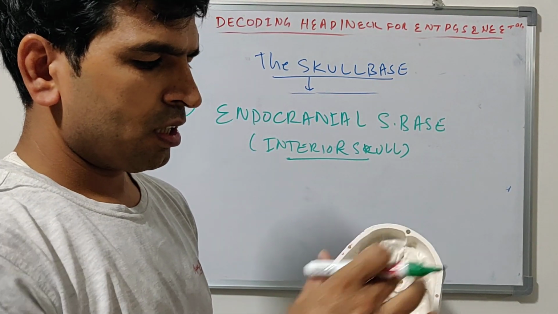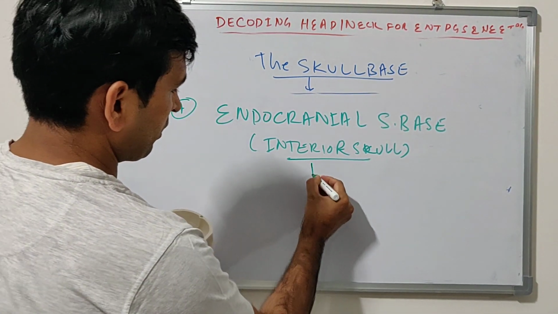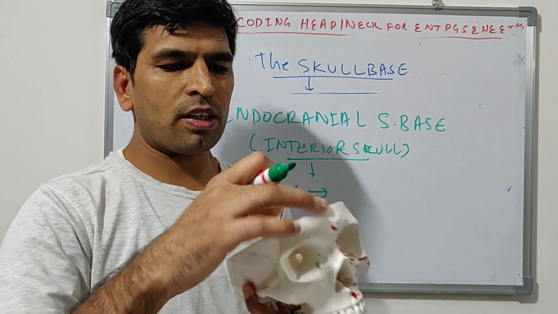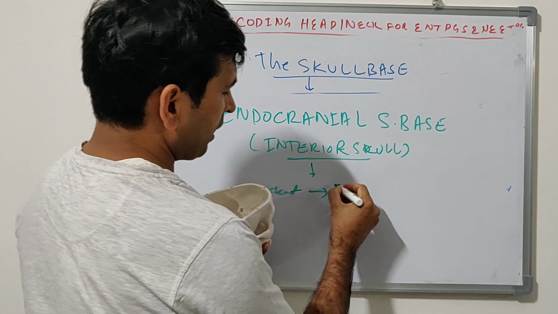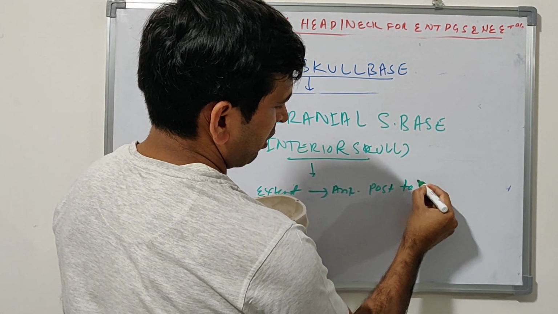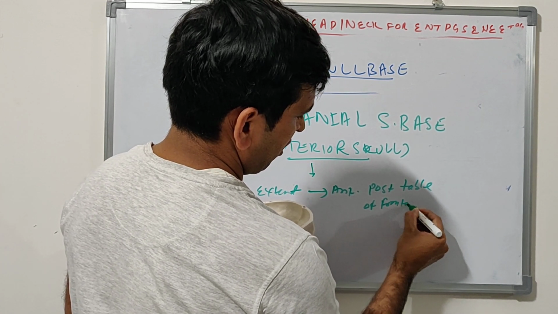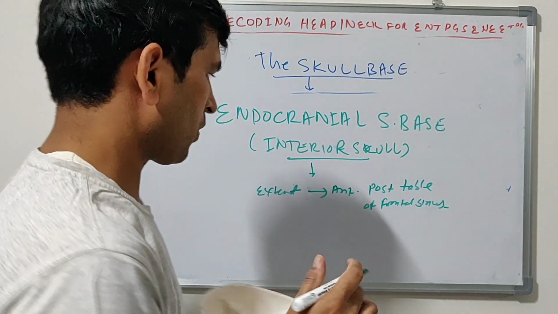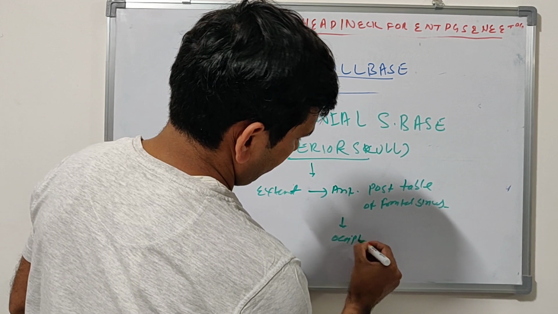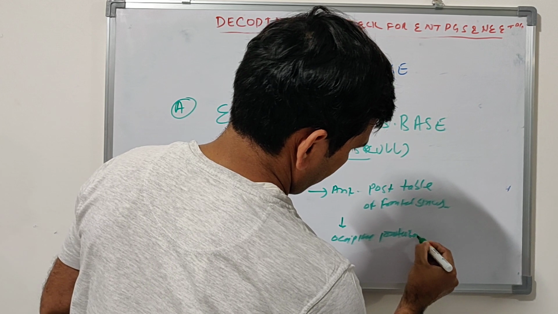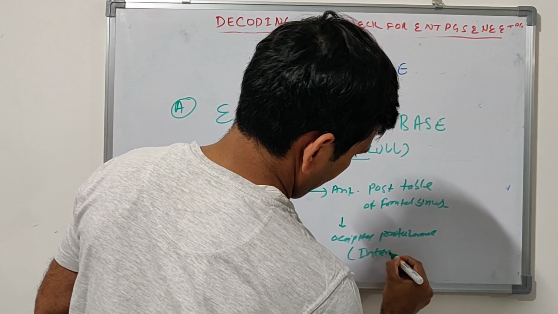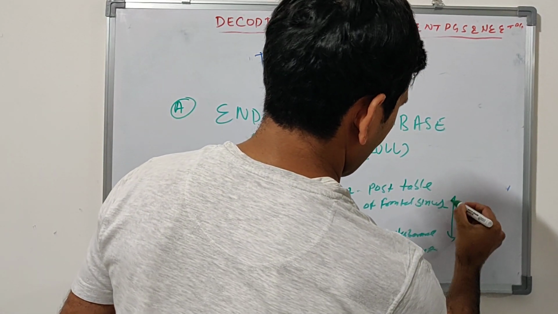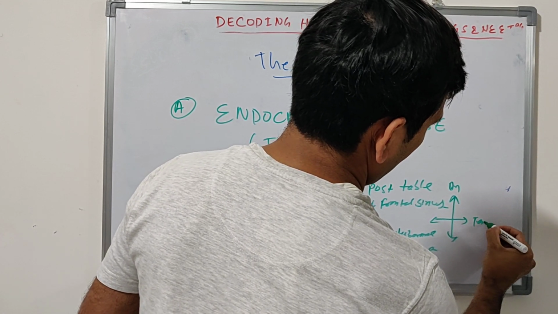This interior of the skull extends anteriorly from the posterior table of the frontal sinus; here you can see the frontal sinus, to the internal occipital protuberance, and laterally to both temporal bones.